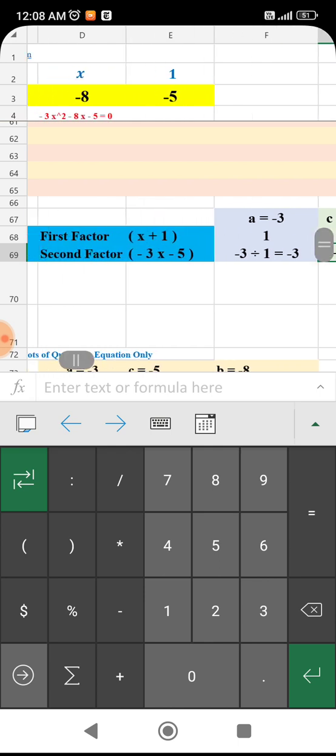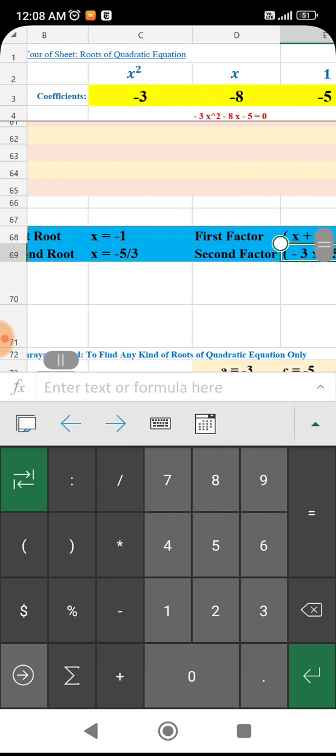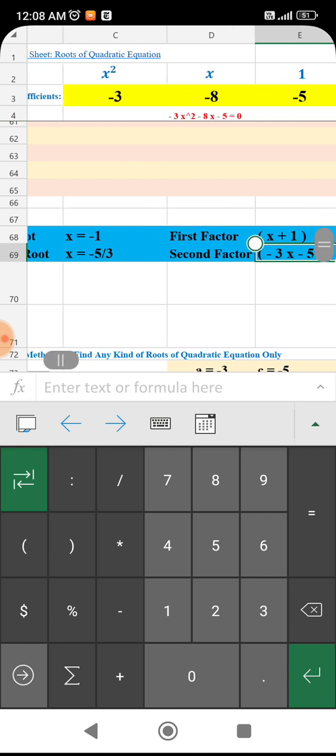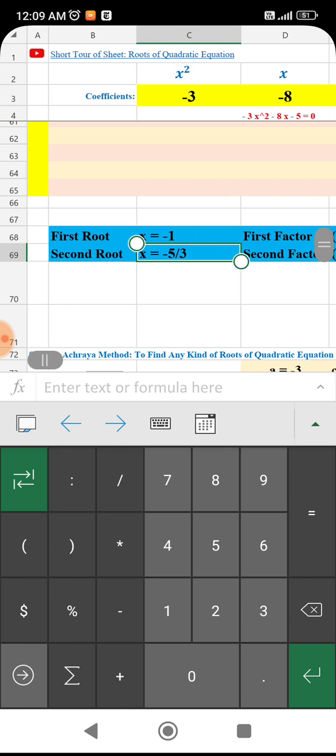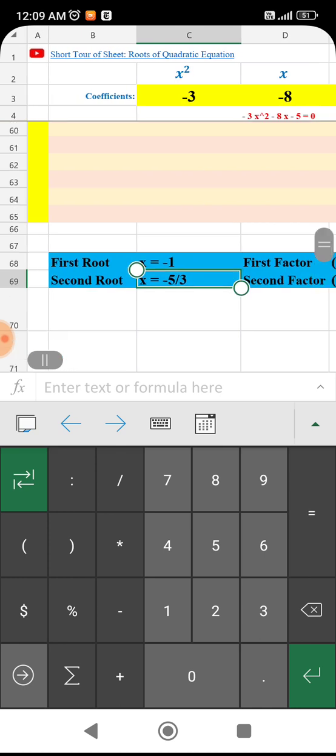So the second factor is -3x -5. So what is the value of x? x equals -5 by 3. So there are two roots, both negative. In this way we can find the roots.